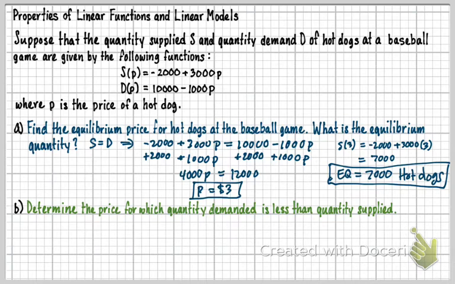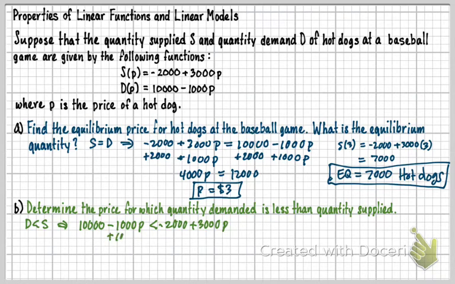So if you just look at that, and I use variables for that, it's really D less than S. So that means my D is 10,000 minus 1,000 P has to be less than my S, which is negative 2,000 plus 3,000 P. And then all I'm going to do is the same thing I did for part A, I'm just going to solve this inequality.